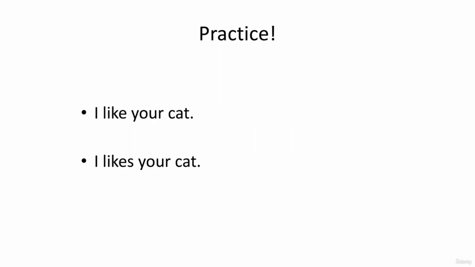I like your cat. I likes your cat. The first sentence is correct. With the pronoun I, we do not need an S at the end of the main verb.